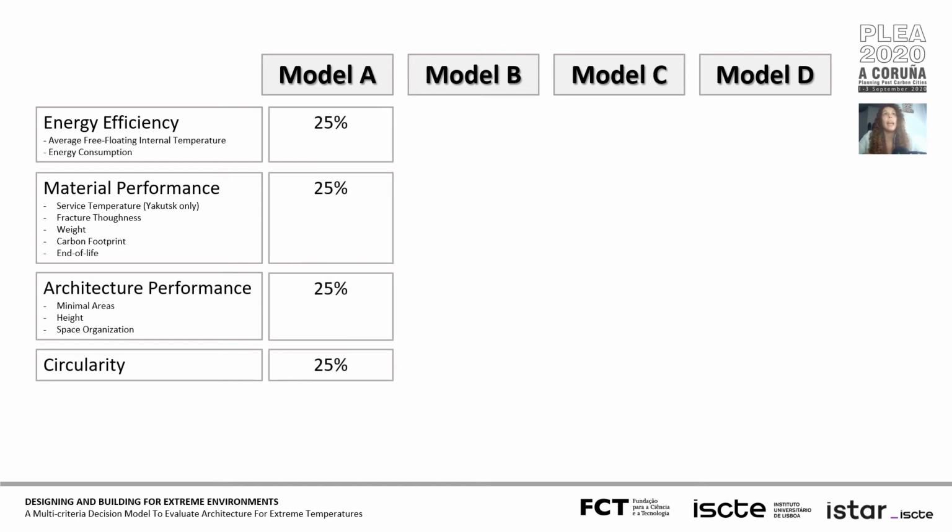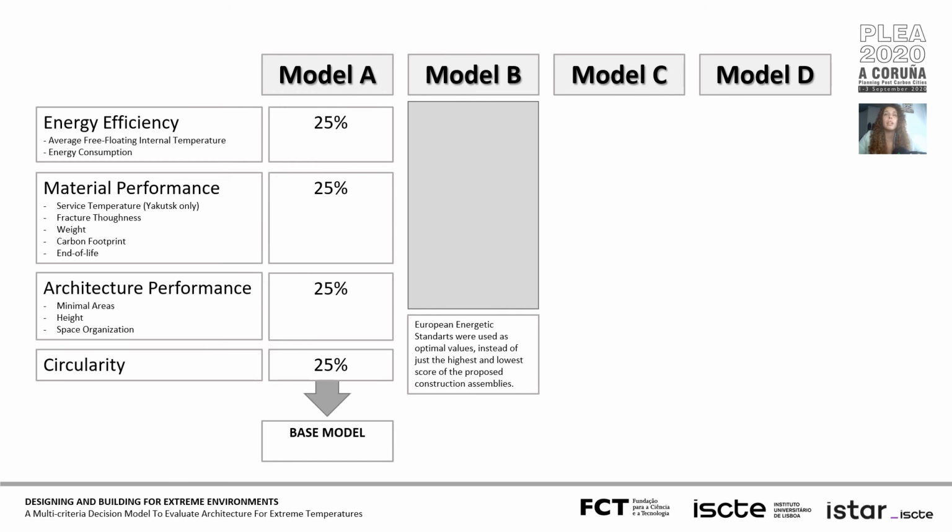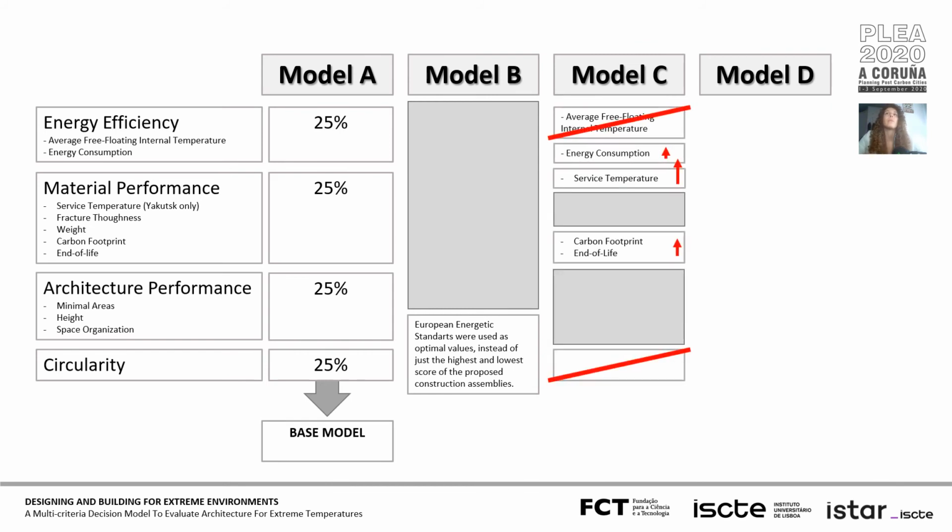For model A, all criteria were given equal importance, 25%, creating thus our base model. For model B, European energetic standards were used as optimal values instead of just the highest and lowest score of the proposed construction assemblies. For model C, more importance was given to energy consumption, service temperature, carbon footprint, and end of life in order to create a model to assess environmental impact.